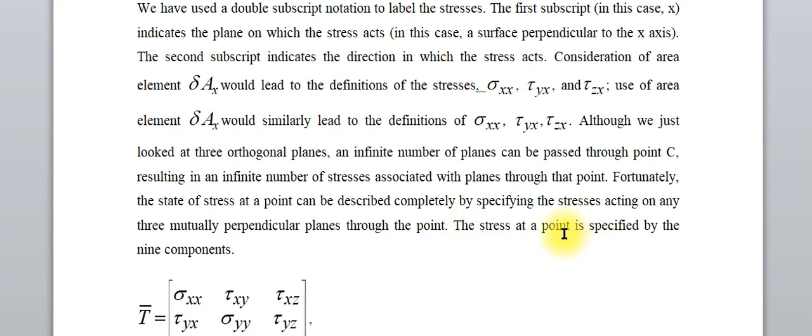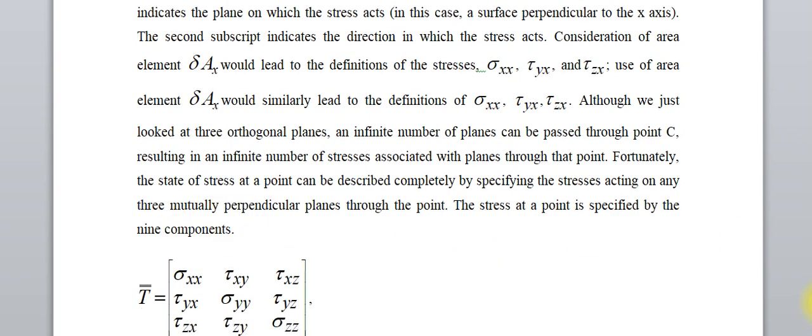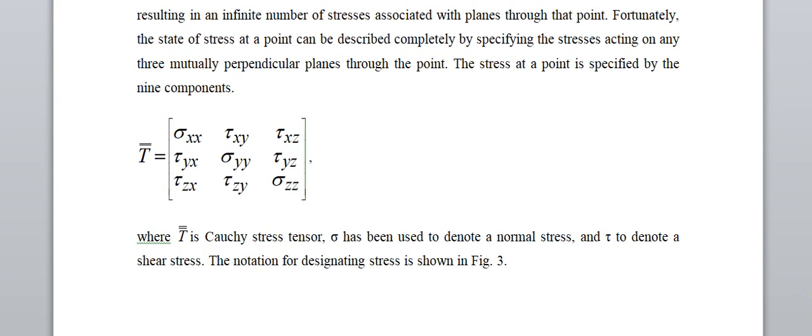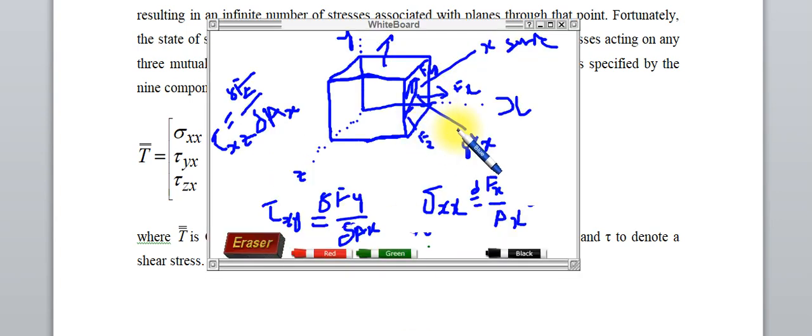The stress at a point is specified by nine components, and you can see here nine components, because look at this one, we have one, two, three. This is only for the x surface.